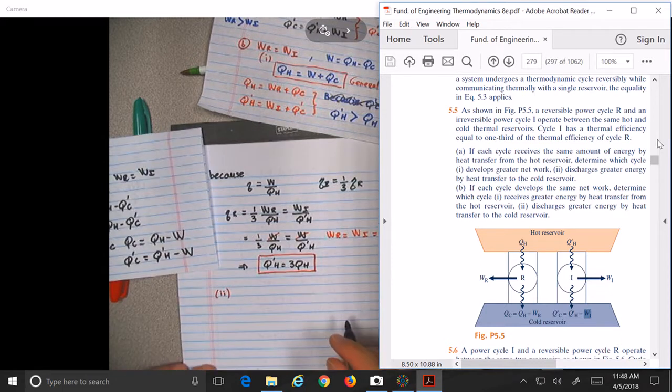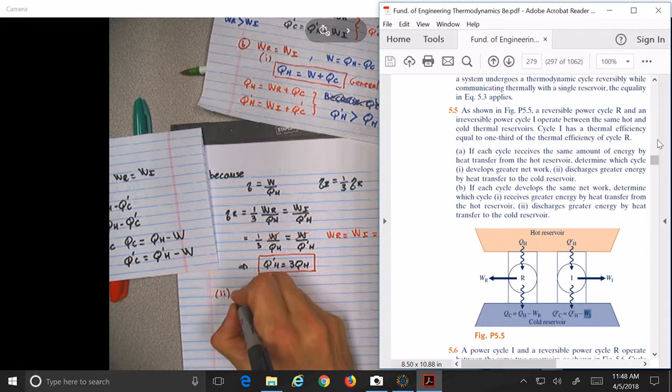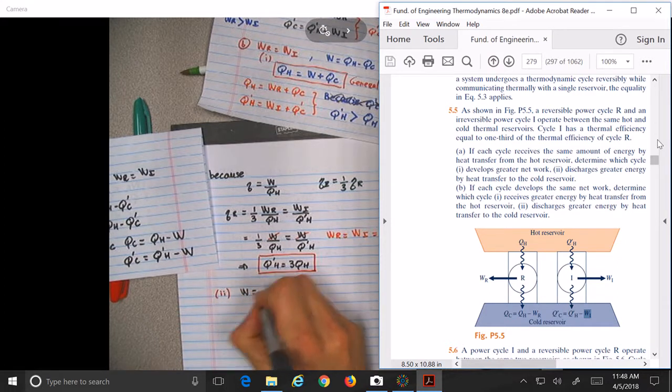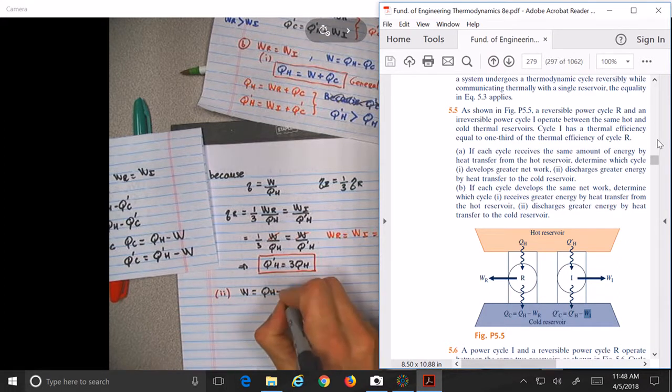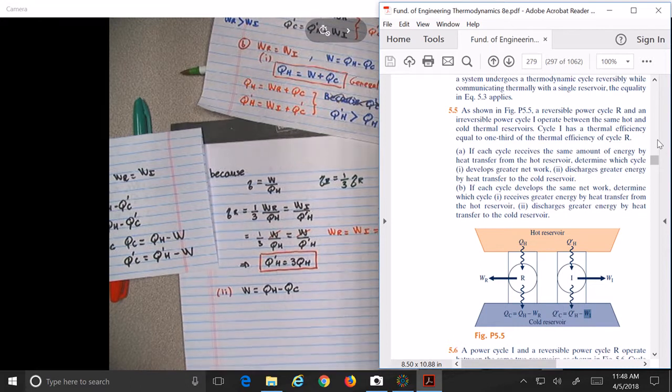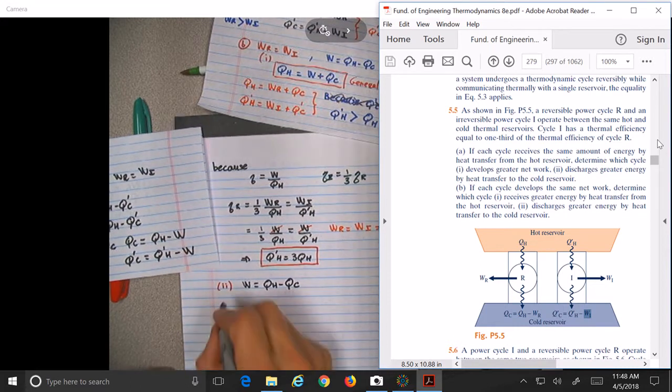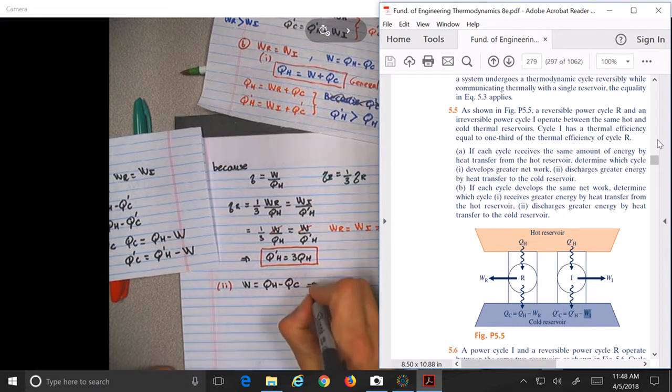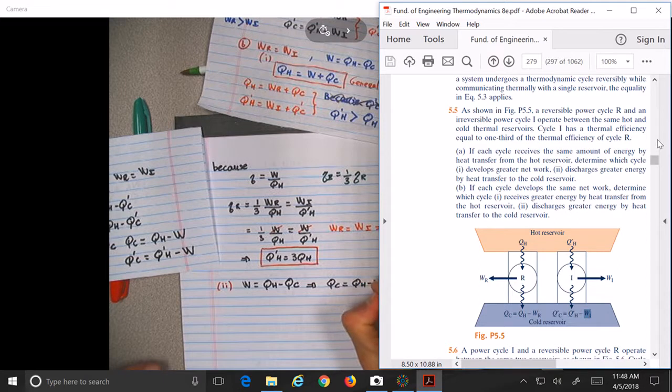So here we can say that we know that work equal Q sub H minus Q sub C. So from here we can say that Q sub C equal to what? Q sub H minus work.